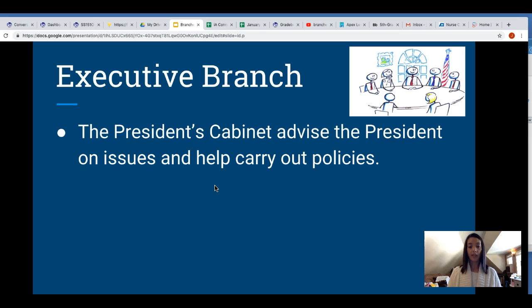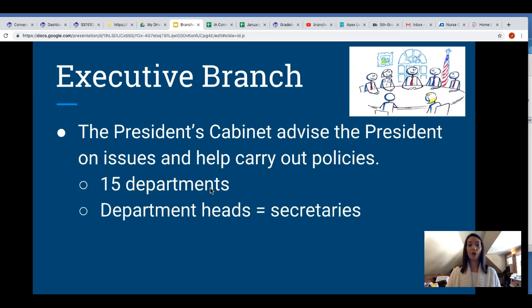And then they are actually in charge of different sections of the government, and then they make sure that policies are carried out. Okay, so there are 15 different departments of the president's cabinet. Examples of those are, oh, that's in just a moment.